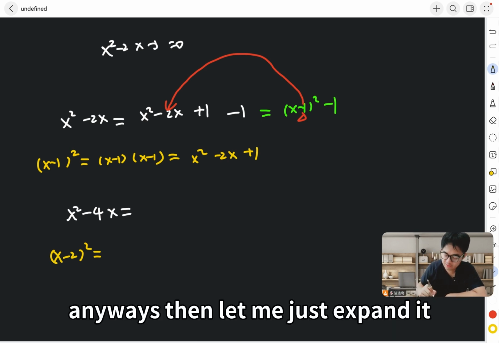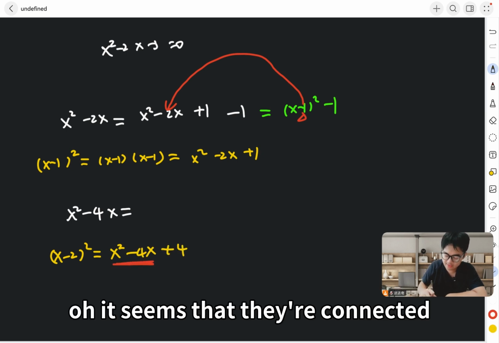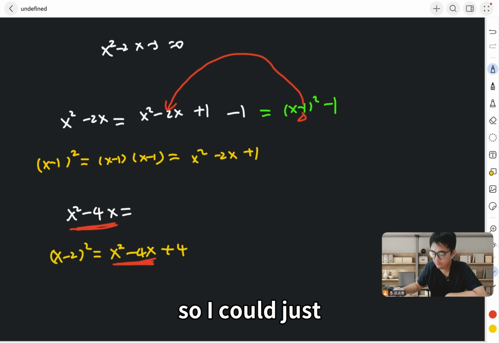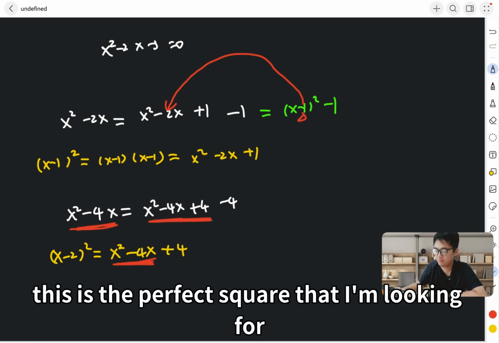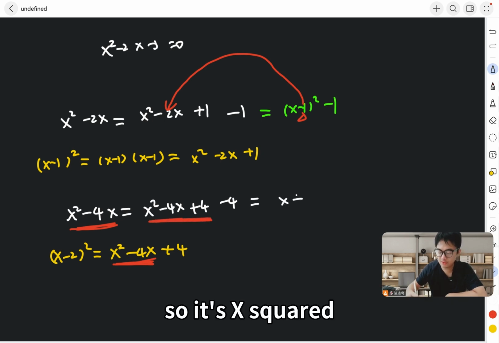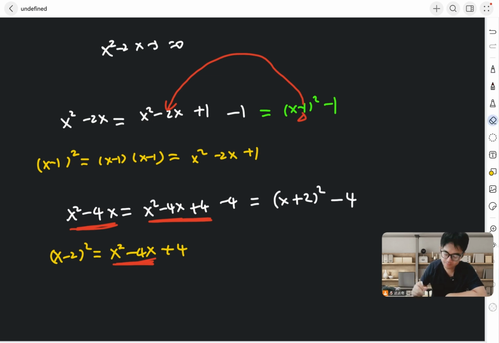Anyway, let me just expand it. So it's x squared minus 4x plus 4. Oh, it seems that they're connected. So I could just plus 4 and minus 4. And then this is the perfect square that I'm looking for. So it's (x minus 2) squared minus 4.